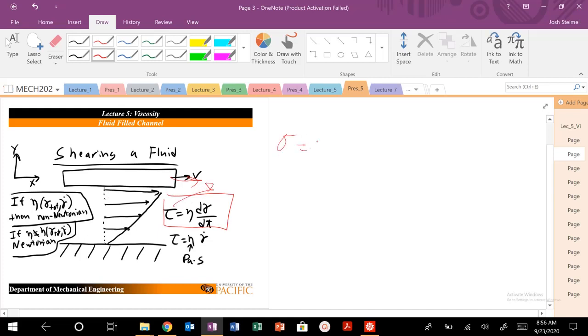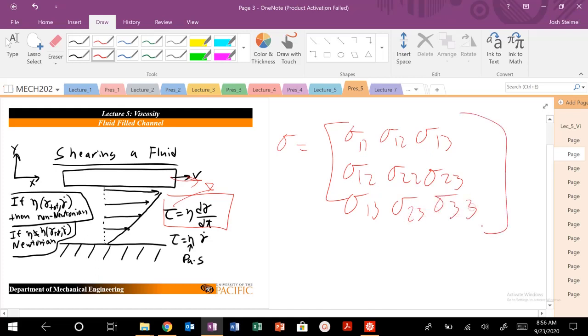In our tensor notation of stress and strain, which we'll get more into in our mechanics lecture, sigma 1, 3 is symmetric because we are in equilibrium, not rotating. All these off-diagonal components, everything that's not on the diagonal, is equivalently a shear stress.